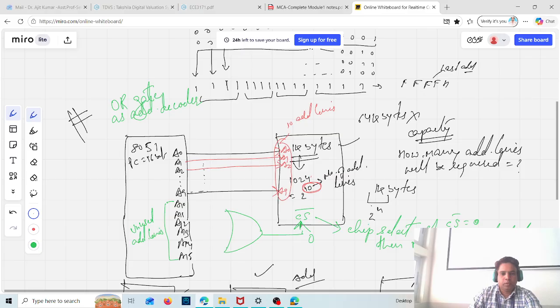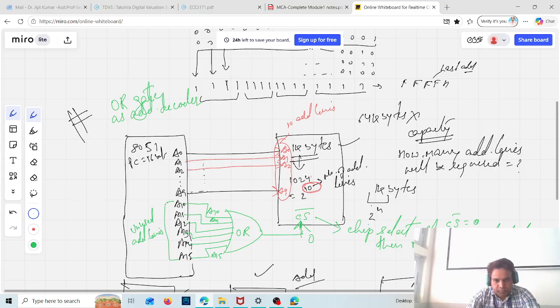The inputs A10, A11, A12, A13, A14, and A15 are connected as inputs to this OR gate.